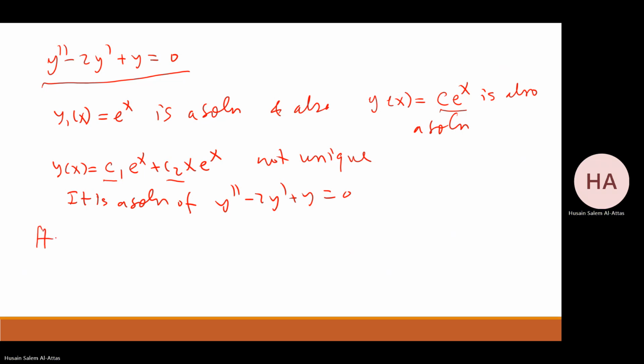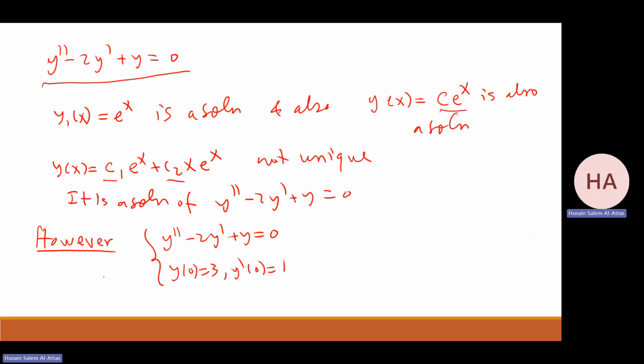However, when we talk about uniqueness or a unique solution, we talk about what? We talk about the initial value problem. What was the initial value problem? y at 0 equals 3, y prime at 0 equals 1. This initial value problem has a unique solution.